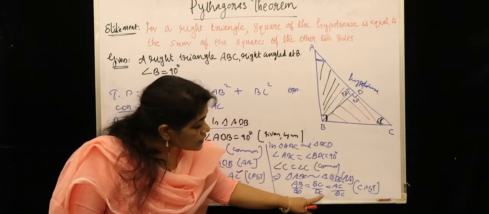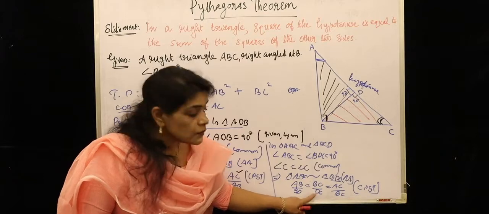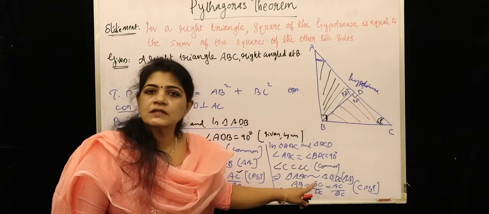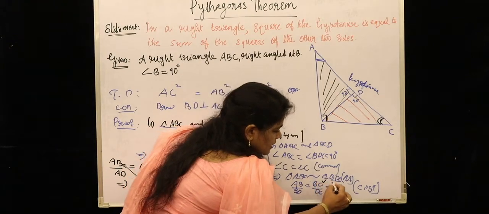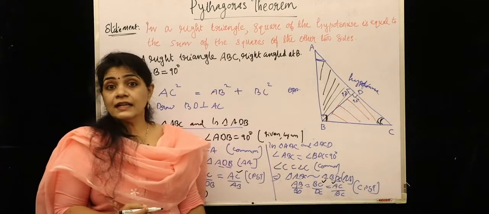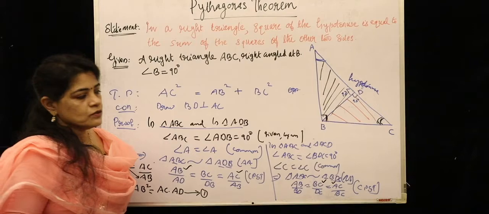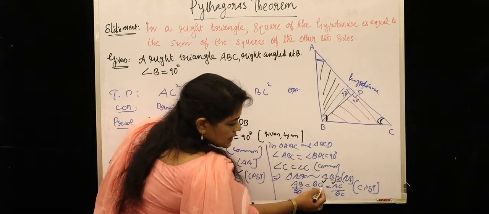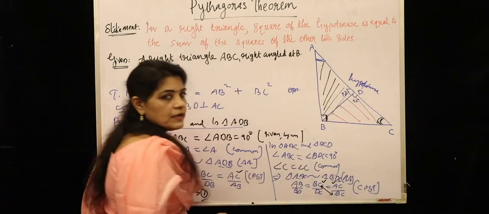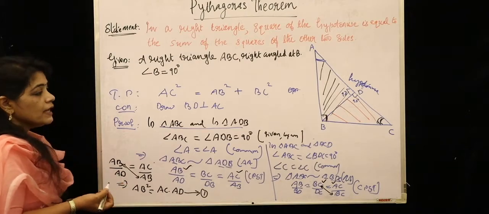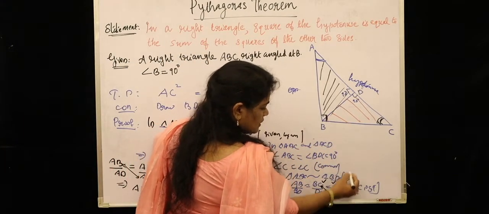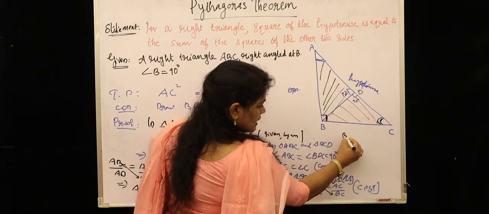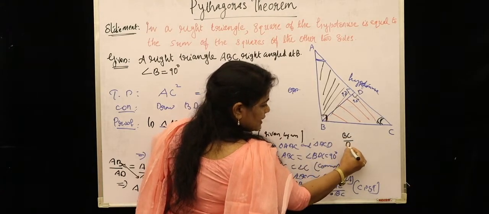Okay, see in second and third, you see children, BC comes. So I am going to select from the second similarity relation, the second and third ratio. So see BC into BC will be BC square. So I am considering BC divided by DC.